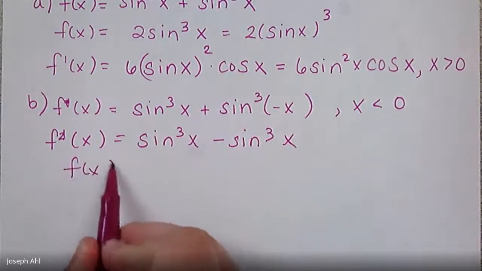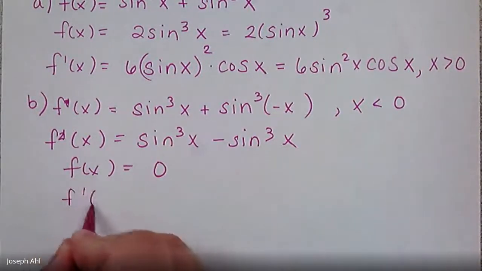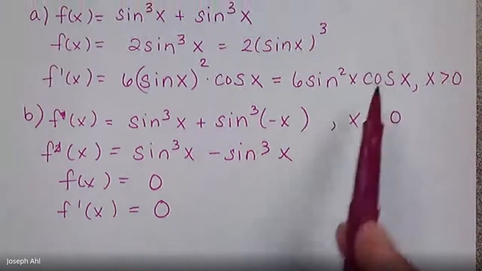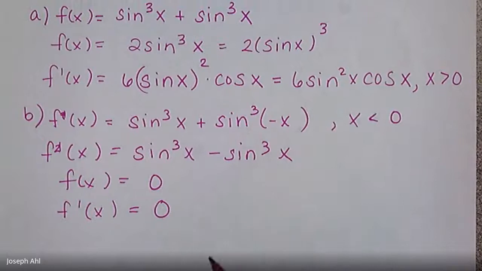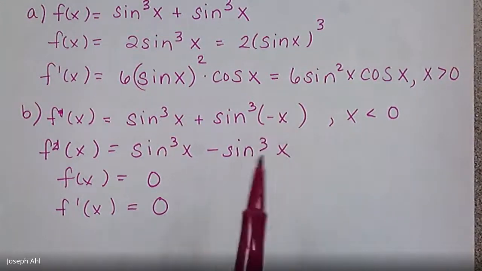So since f of x is 0 for x less than 0, the derivative would also be 0. So definitely a little less work there when x is negative. But we have our two pieces that we've split up according to the absolute value function. And then maybe those negative angle identities help to determine that this will become negative sine cubed of x.